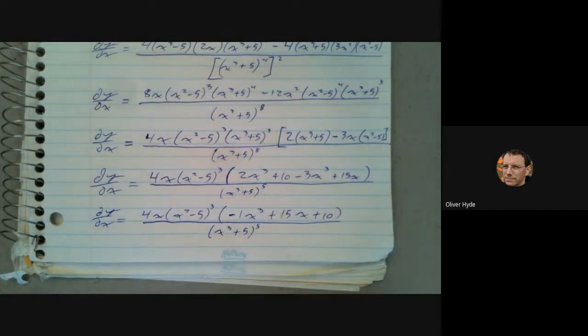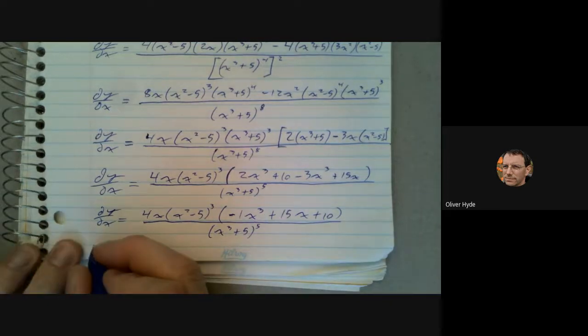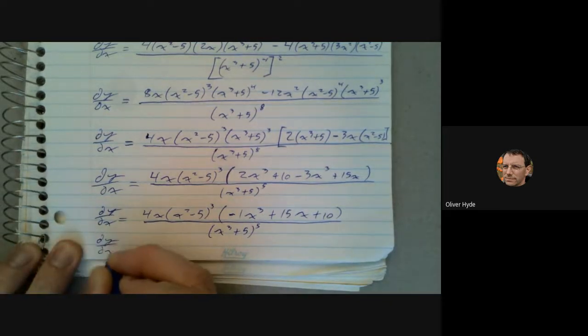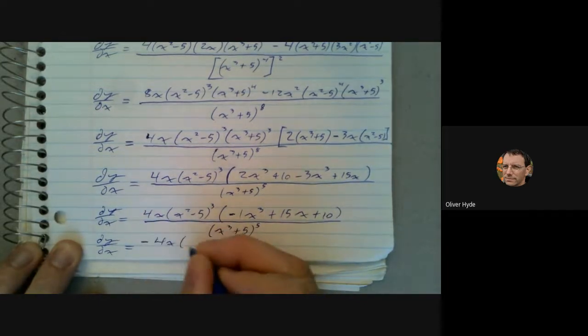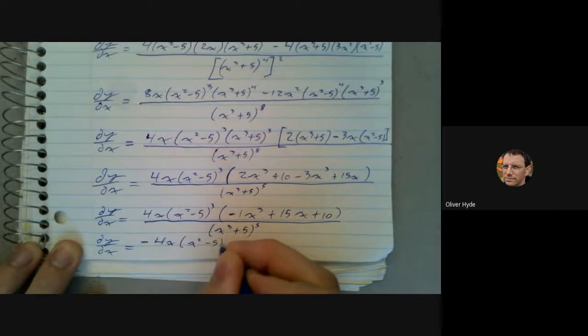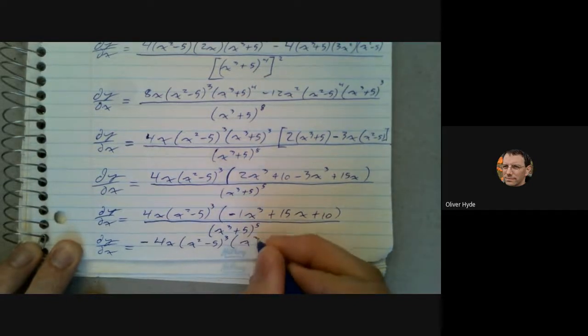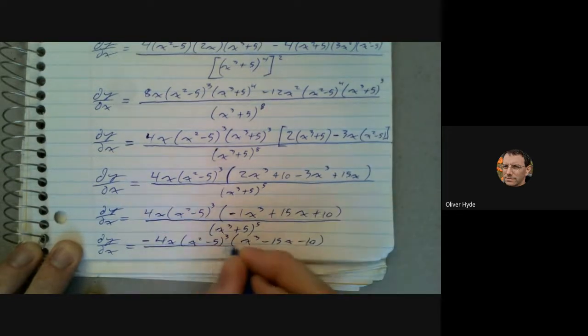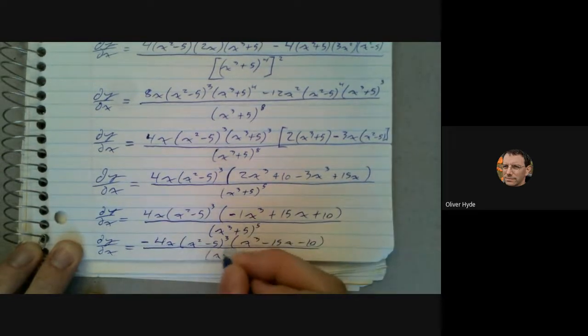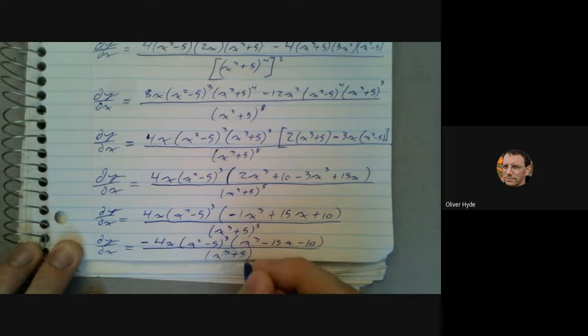And I'd be okay with that, but I'm going to guess that that's not a solution that you'd see. Let's remove a factor of negative 1. Let's place it out here. x squared minus 5 times x cubed minus 15x minus 10, all over x cubed plus 5 to the exponent 5.